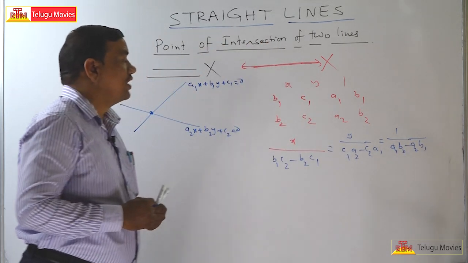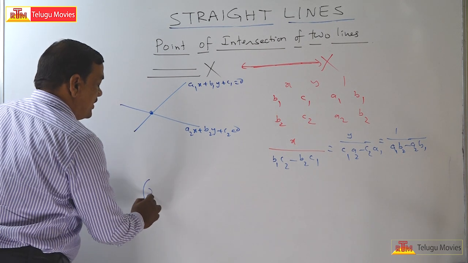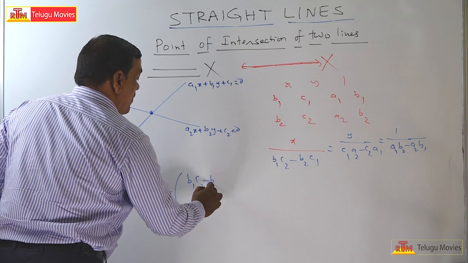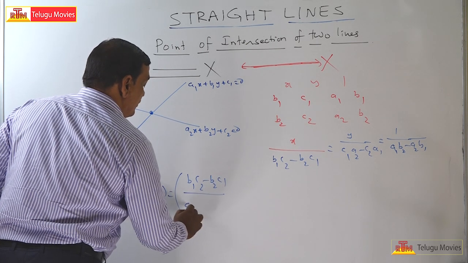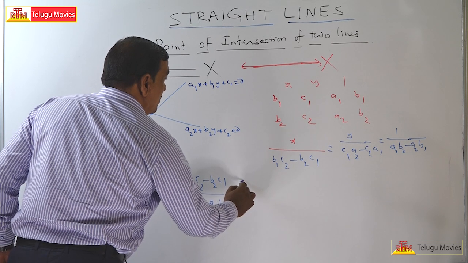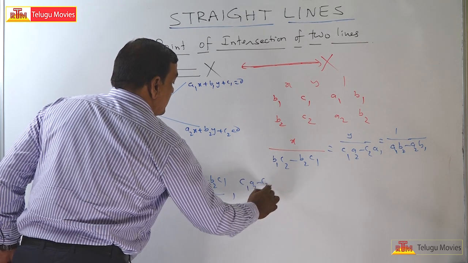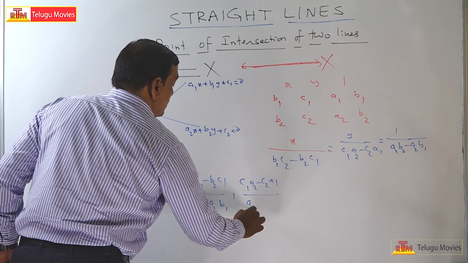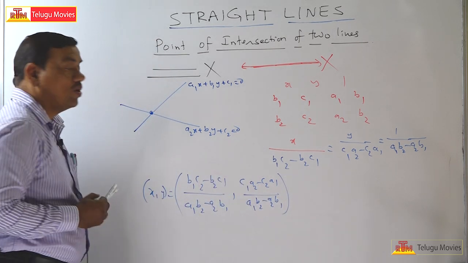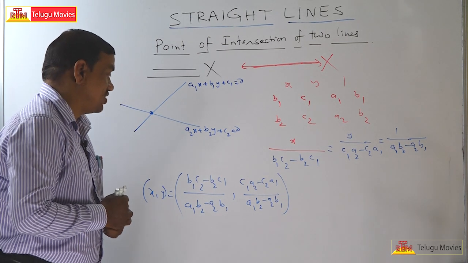Okay. So, now your x comma y, the point of intersection, is given by B1 C2 minus B2 C1 upon A1 B2 minus A2 B1 comma C1 A2 minus C2 A1 by A1 B2 minus A2 B1. So, these are the coordinates of the point of intersection of the lines.